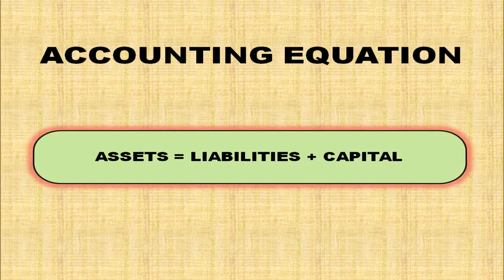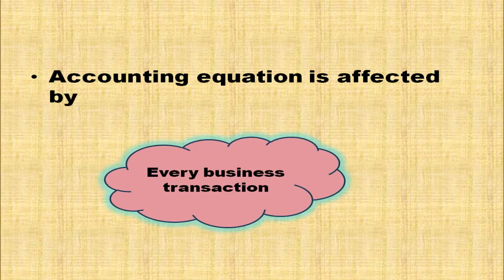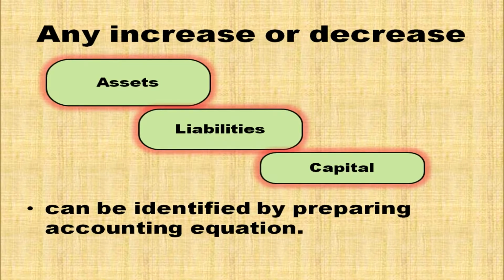Once again, the accounting equation is expressed as assets equals liabilities plus capital. Accounting equation is affected by every business transaction. Any increase or decrease in the assets or liabilities or capital can be identified by preparing the accounting equation.